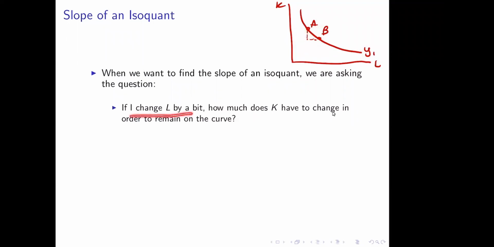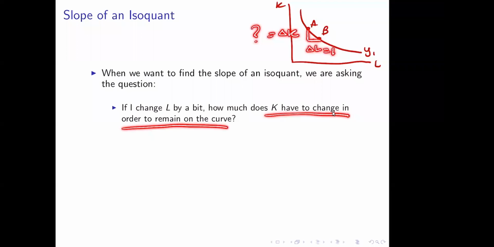If I change L by a bit, so let's say the change in L is equal to 1, then how much does K have to change in order to remain on the curve? That's what the slope is.